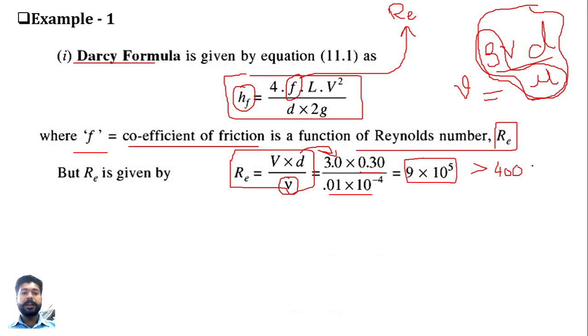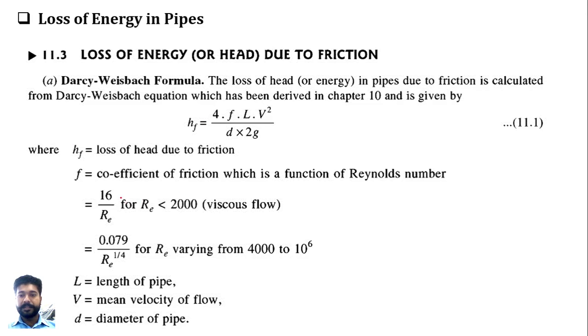Whenever your Reynolds number is greater than 4000, we have mainly two formulas that are used. In the previous session, if you remember, we saw these two formulas. When Re is less than 2000, you can use one formula. But in our current scenario, Re is greater than 4000.